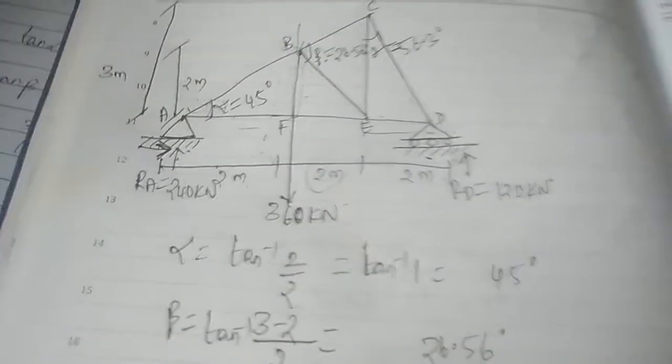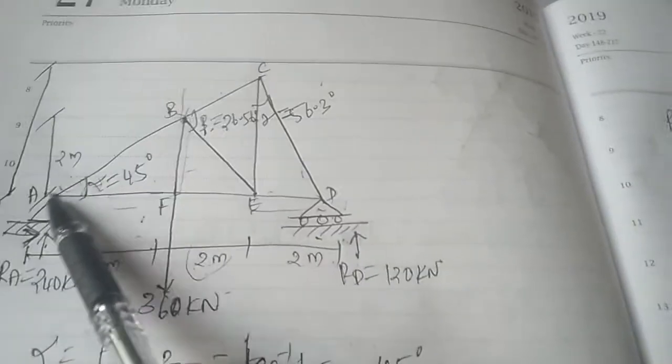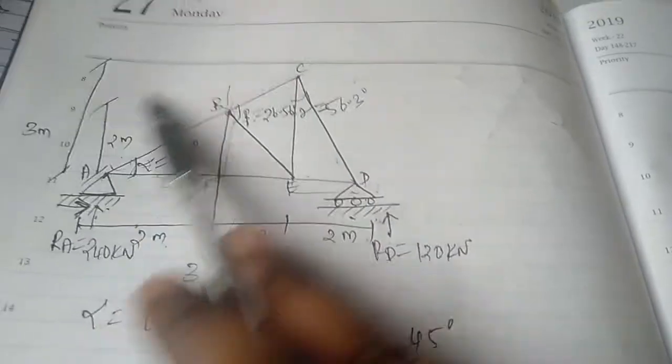Yes, then you have found the reactions. Now it's time to find the forces in each and every member. As I already told you, if there are unknown forces, you will take the joint which consists of only two members. So now we will take joint A.